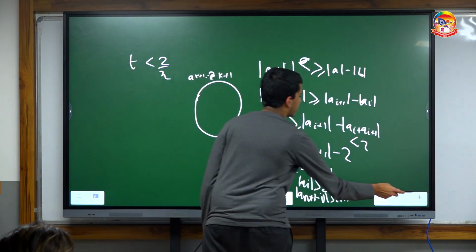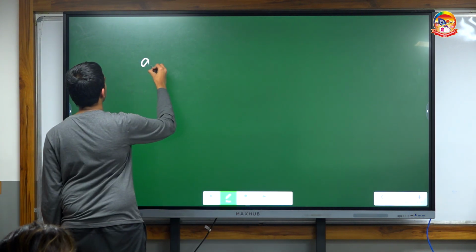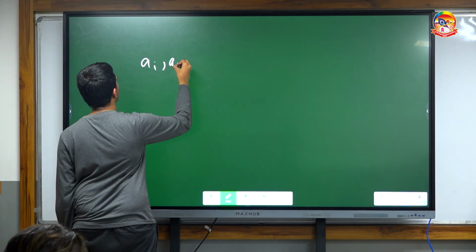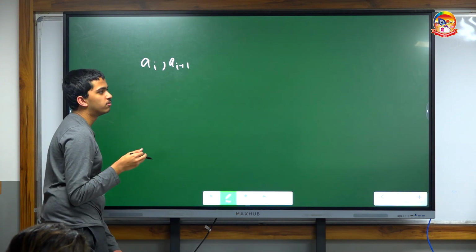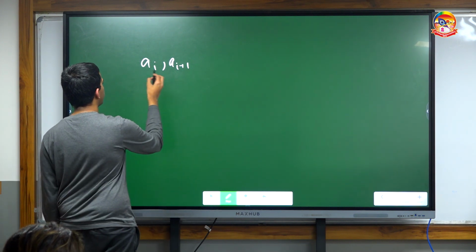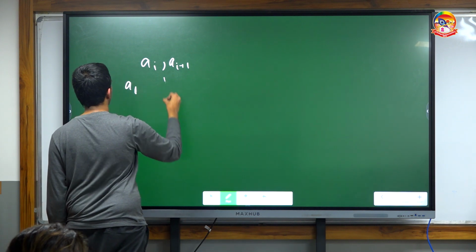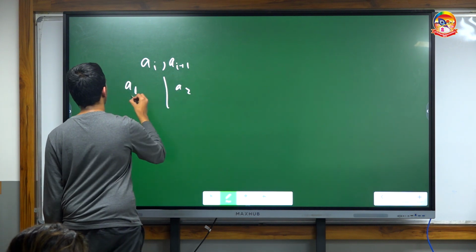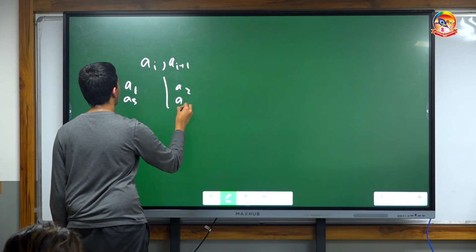Now this means that any two consecutive terms should have opposite sign, because if they have the same sign then they will combine and the mod will become greater than 2. So they both have different sign. This means that a1 has some sign, a2 has a different sign. Then a3 must have opposite sign as a2, so it has the same sign as a1, and a4 has the other sign.